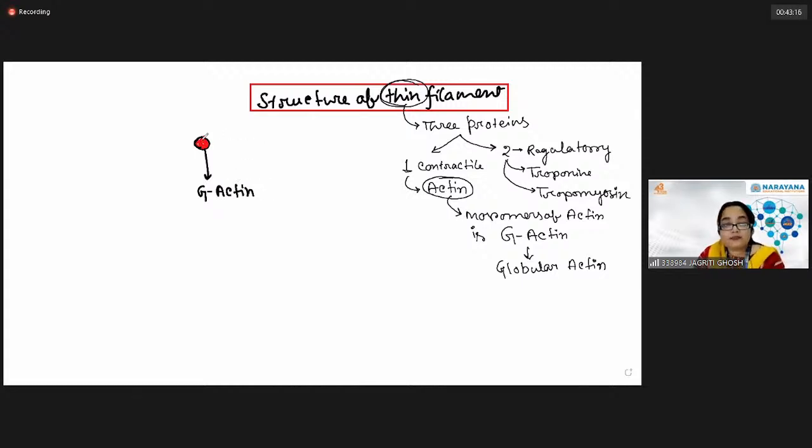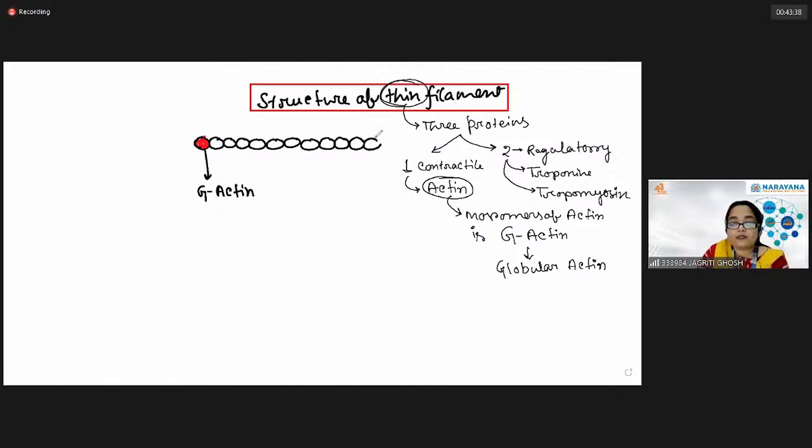Now, let us make a polymer of G-actin. We make it by attaching all the G-actins together like a chain or like a pearl necklace.